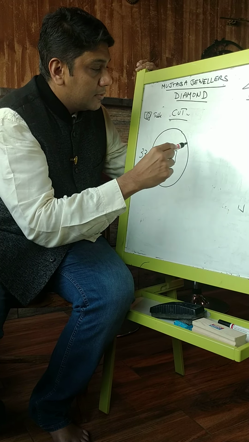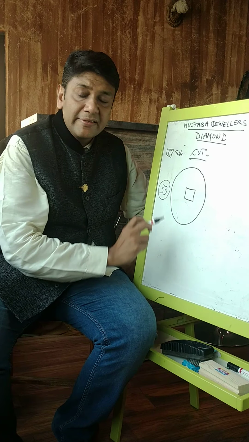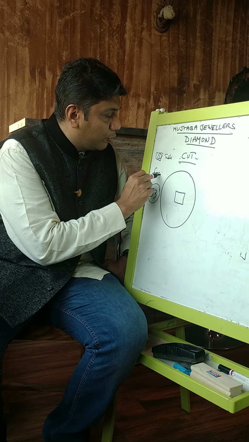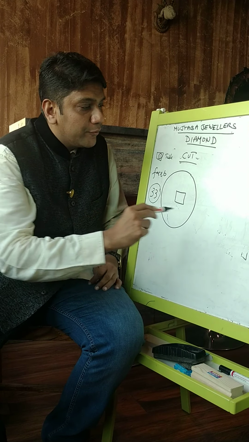Okay, pause. So, for getting these 33 cuts, or the 33 facets to be more precise, let us see how we draw a diamond.